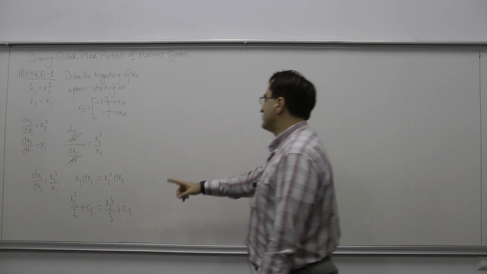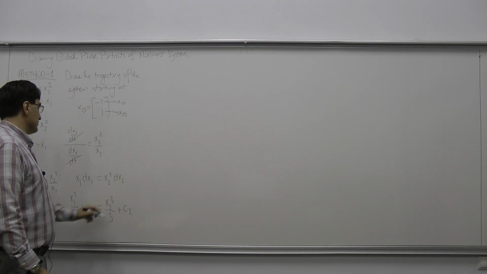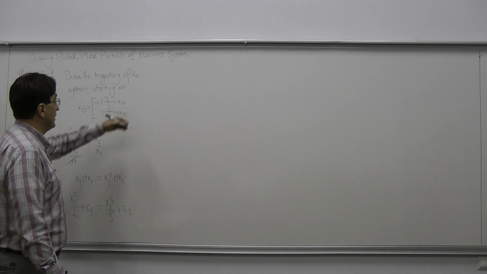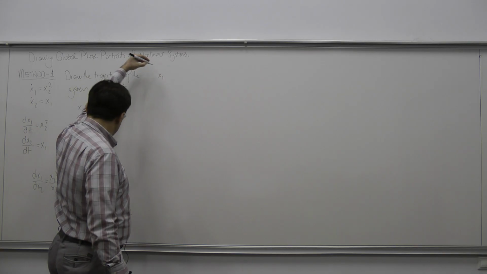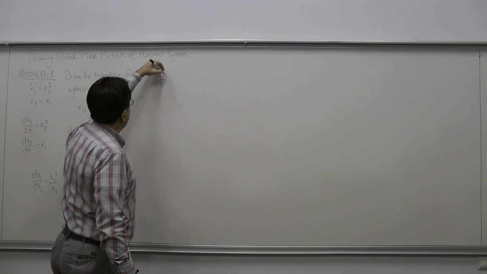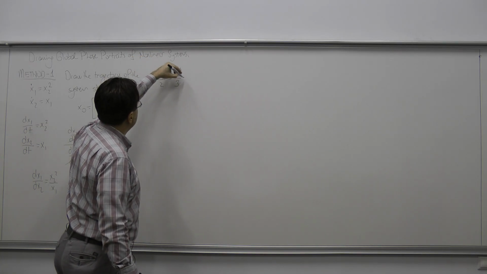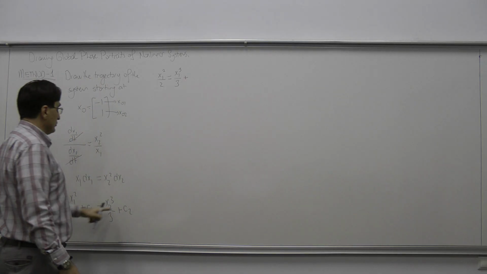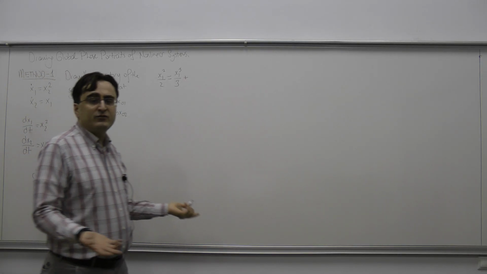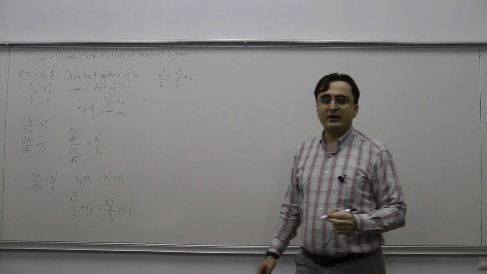So now I will take both of these constants to the same side, and I will write this equation as x1 squared over 2 equals x2 cubed over 3 plus c2 minus c1, but that is just another constant for me, which I call c.